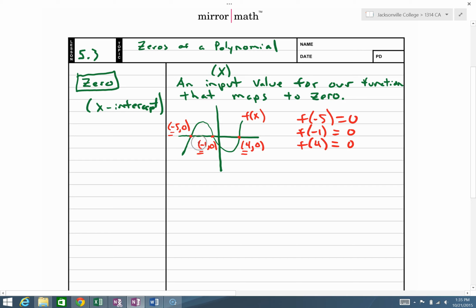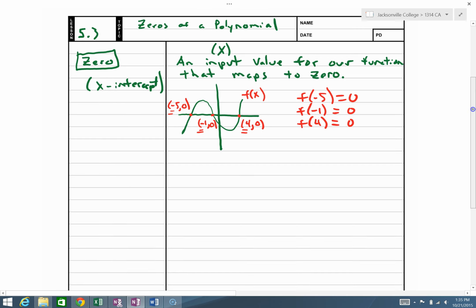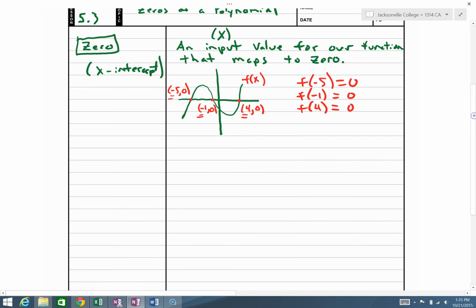They are inputs that have a corresponding output of 0. So a zero, in shorthand, is an x-intercept. All right.